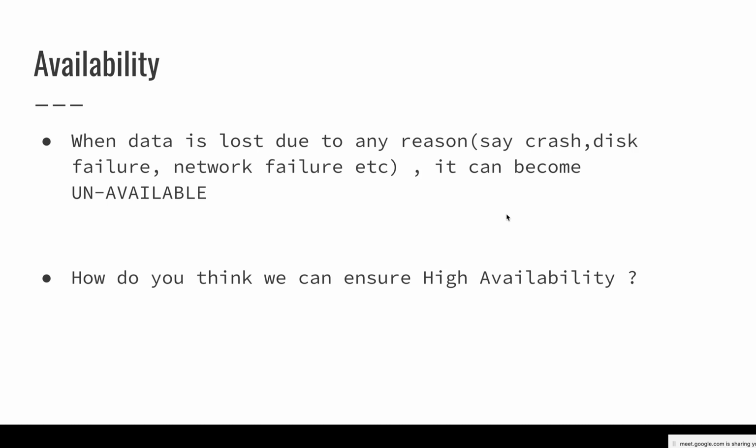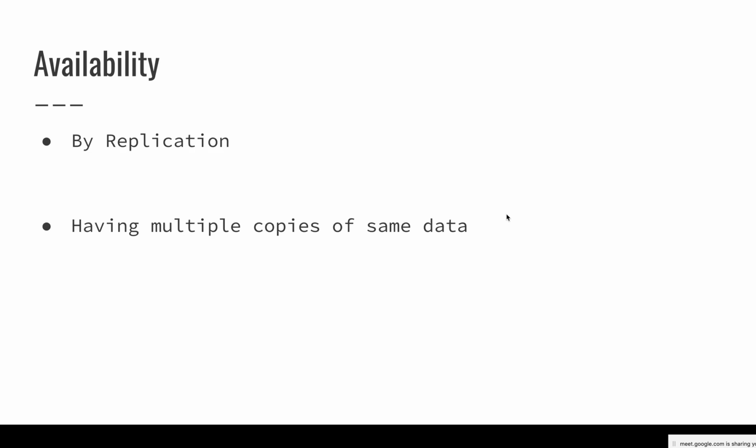That if you have only a single copy of data, there is a chance that you may lose that piece of data forever. Suppose you had multiple copies of data, then there is a lesser probability that you are going to lose all of that data.